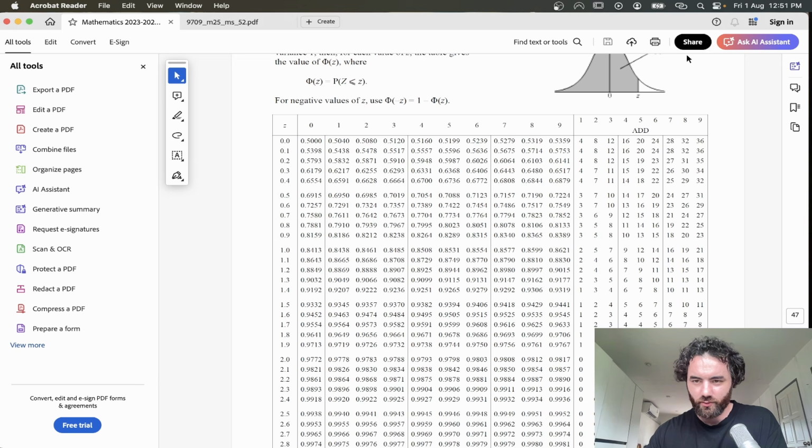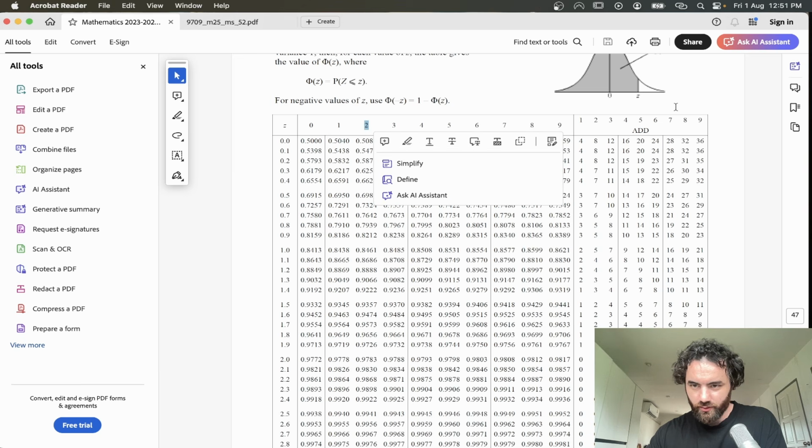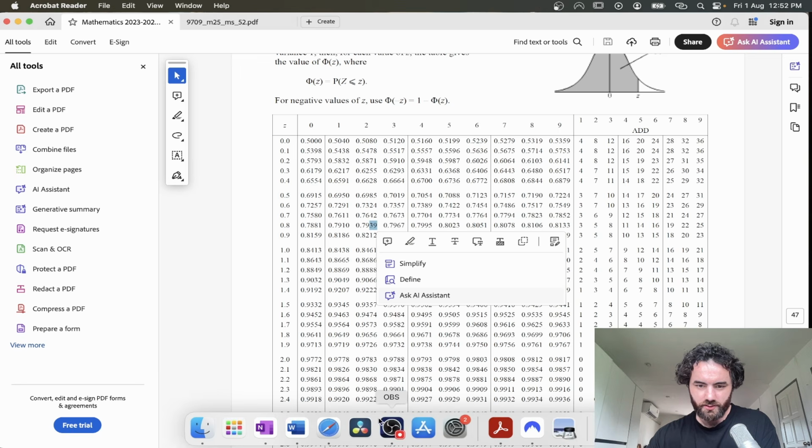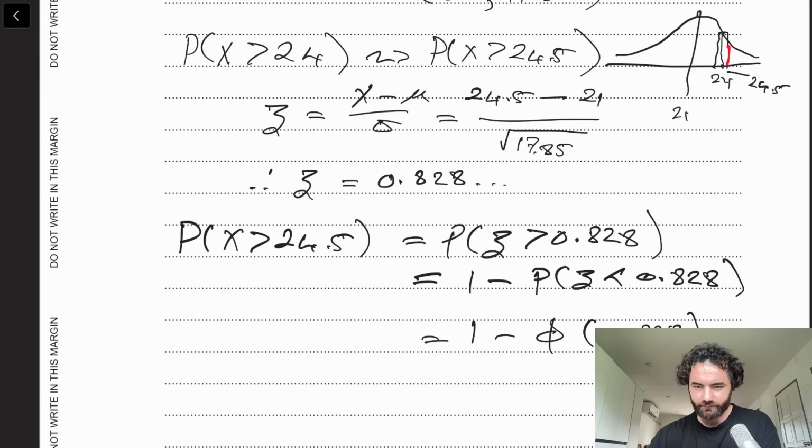So from that table, the area for 0.828 is 0.7961. I added 22 to that 39 at the end there. Okay, let's go back to the iPad.